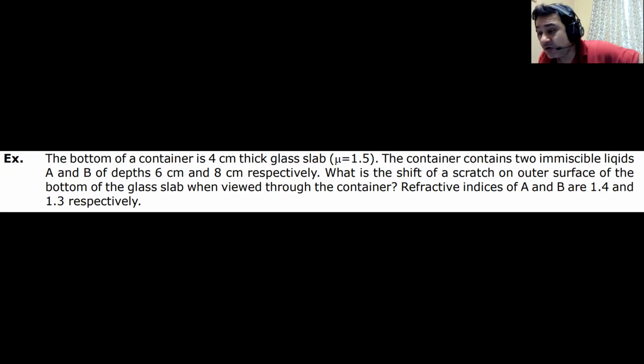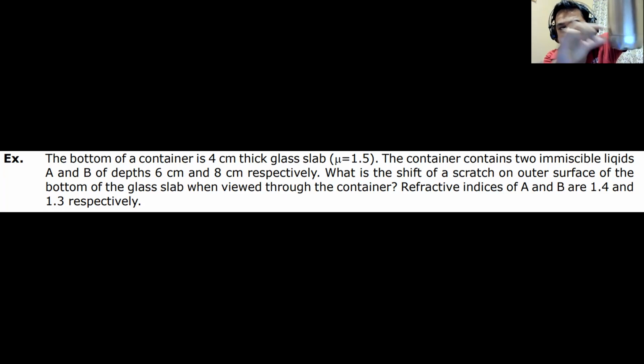When viewed through the container, it might look very difficult, but see, if this is the container, this is the bottom of the container, there is a scratch here, and this bottom of the container is thick. It is 4 centimeter thick.